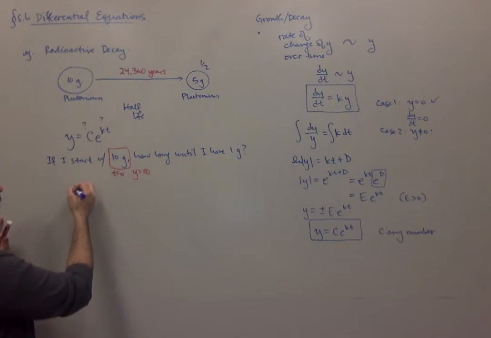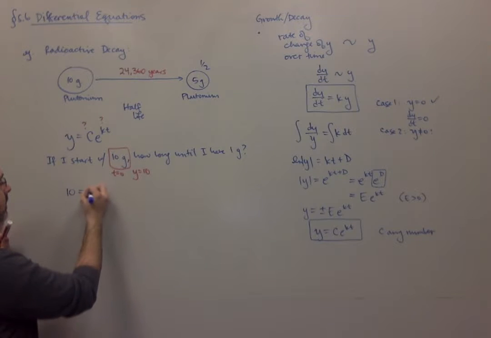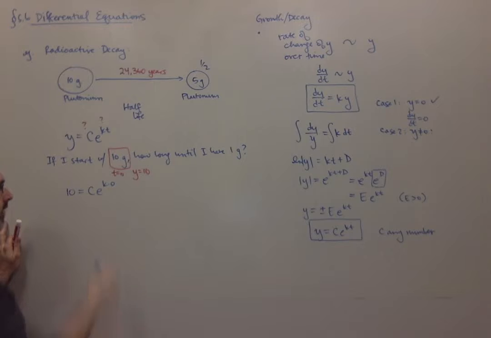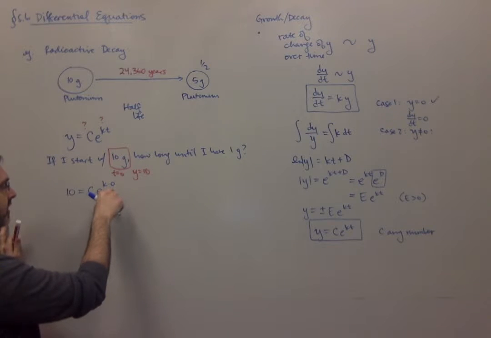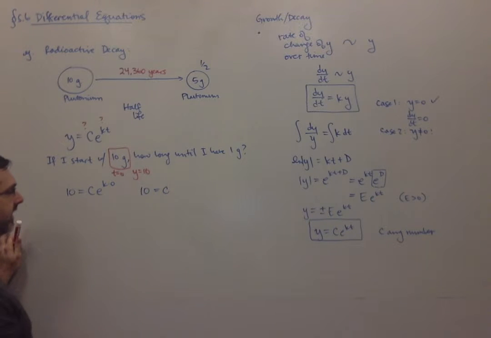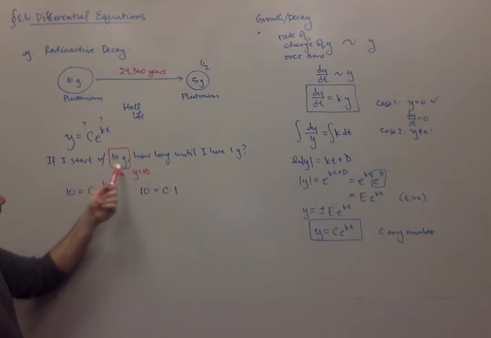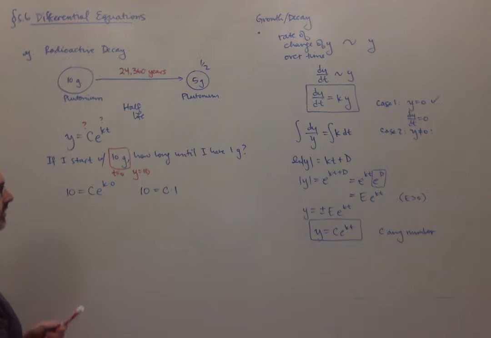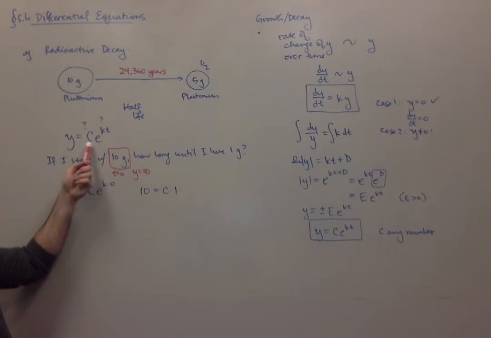I'm going to plug in y equals 10 and t equals 0. And what you're going to see is 0 times k is 0, and e to the 0 is 1. So what we get here is 10 equals c times 1. So that constant in the front is actually 10. And it turns out that constant in the front is always your starting number. You can remember that, or you can figure that out anytime it's given. But in this case, my c right here is actually 10.